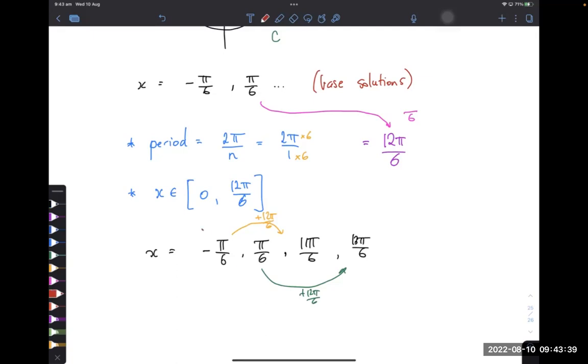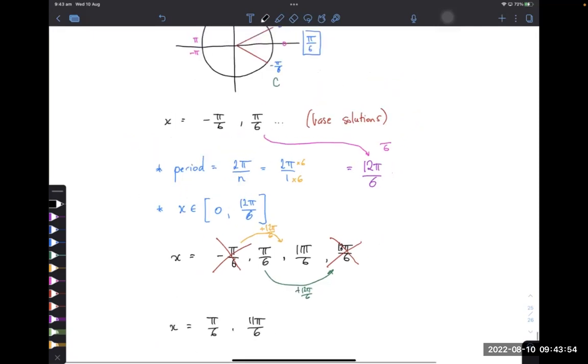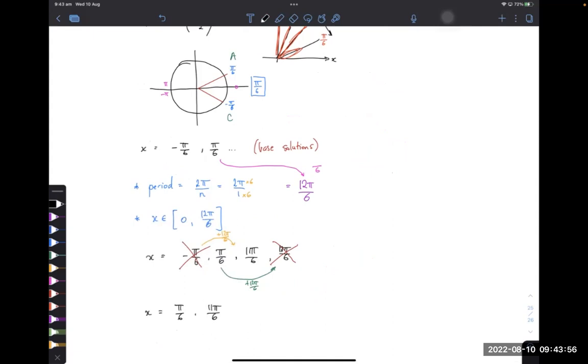So out of these sets, we don't want these two. So our final solutions are pi on 6 and 11 pi on 6. Just follow these steps for now, because once you get to a more complicated question, it will pay off.